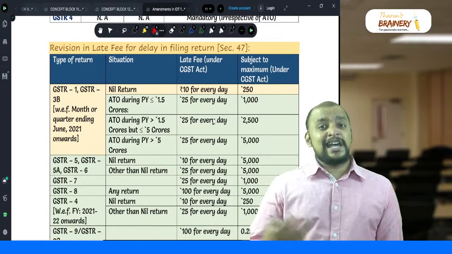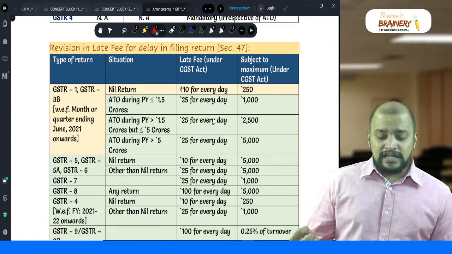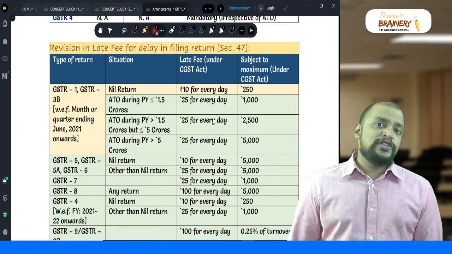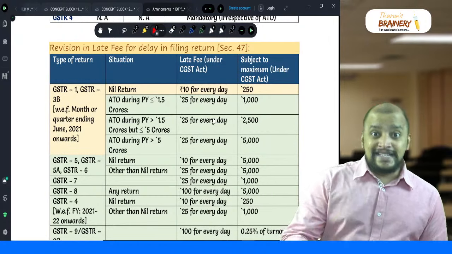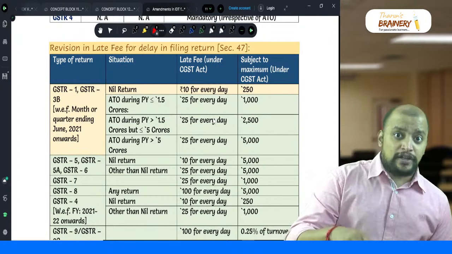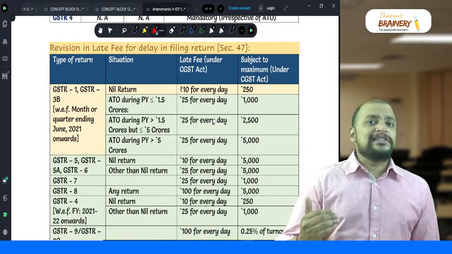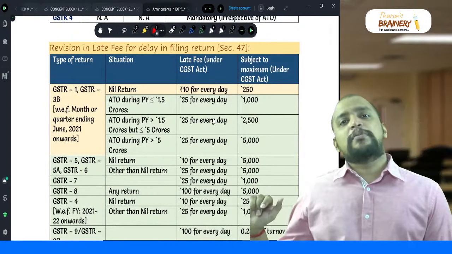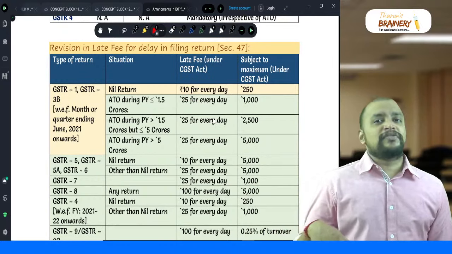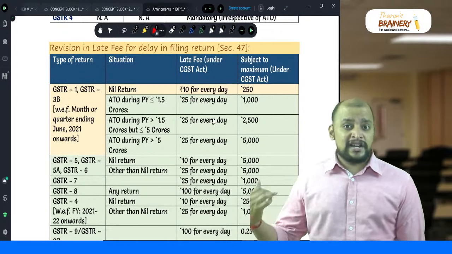If it is other than nil return, we need to see the aggregate turnover during the previous year: does not exceed 1.5 crores, exceeds 1.5 crores but does not exceed 5 crores, or exceeds 5 crores. In all these three cases, per day it will be the same, 25 rupees per day, but the maximum amount will change: 1000, 2500, 5000.